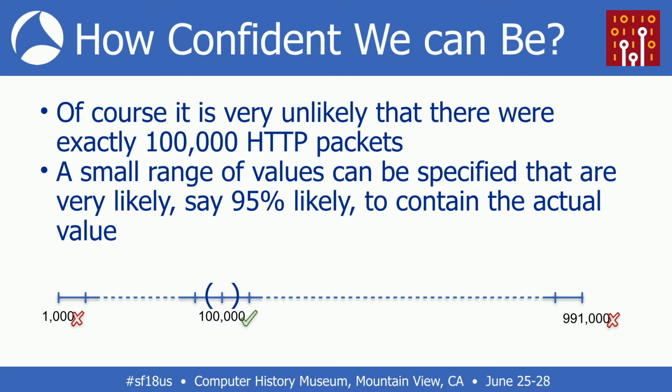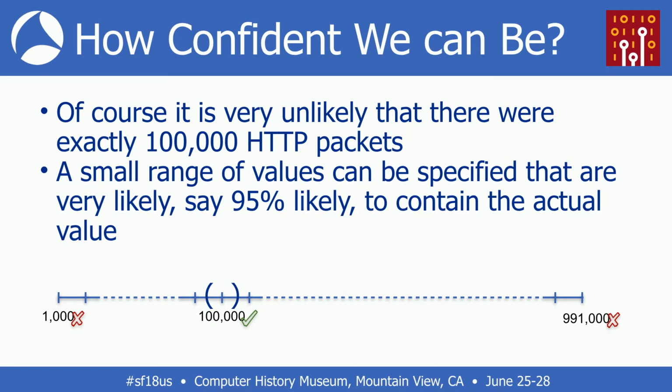Of course, 100,000 is the best estimate, but it is actually unlikely to have exactly 100,000 packets in the original 1 million. So we can use statistics and even quantify the accuracy of the measured value that we have.